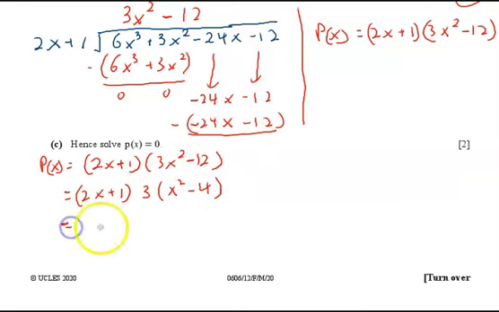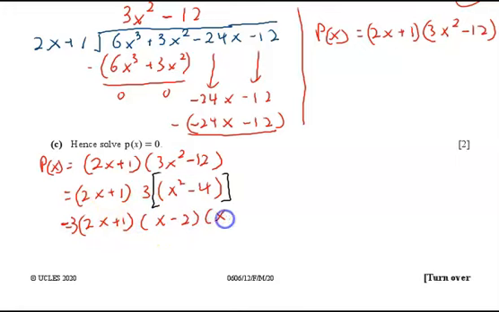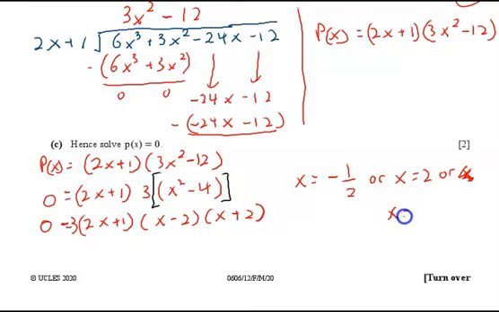So here we'll be getting 2x plus 1. When we factorize this part, we can place the 3 here. Here will be x minus 2 and x plus 2. When we make it equal to 0, your x value will be negative 1 over 2, or x is 2, or x is negative 2.